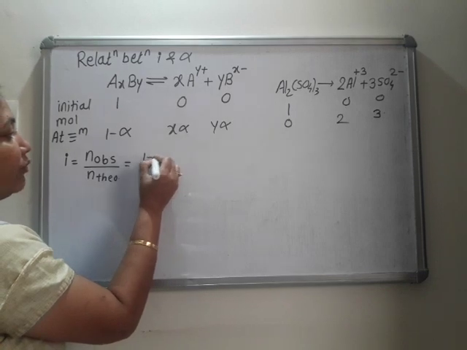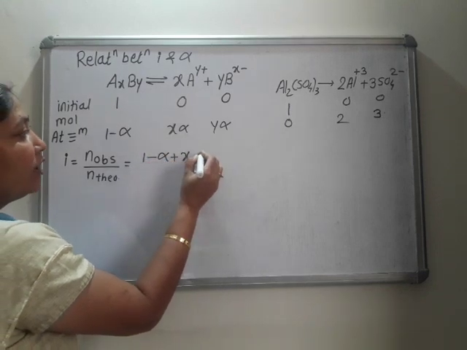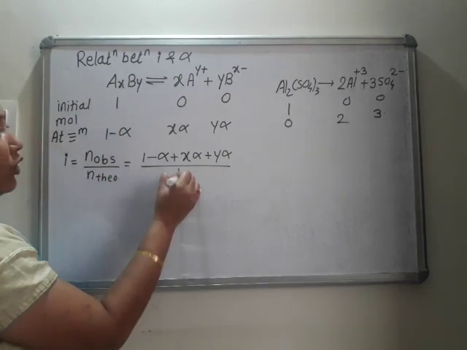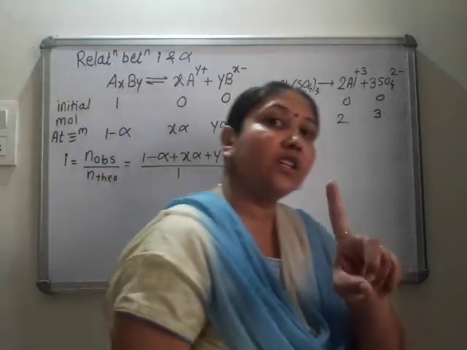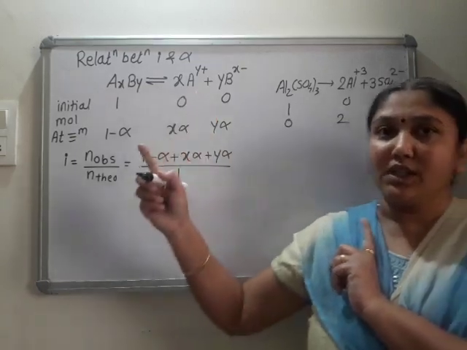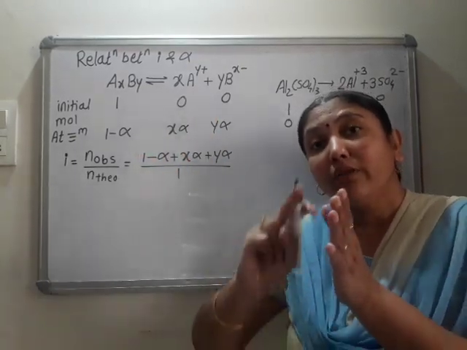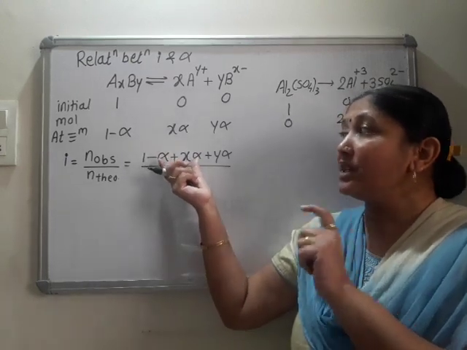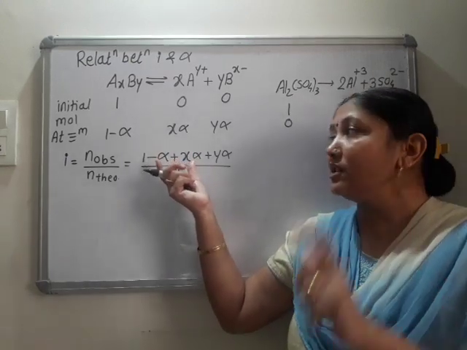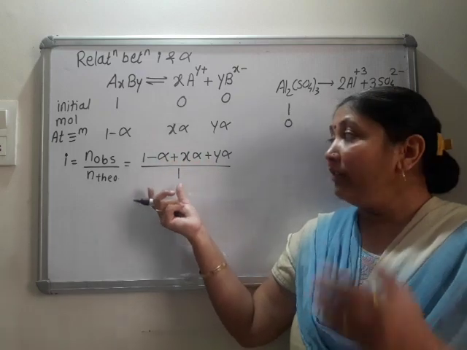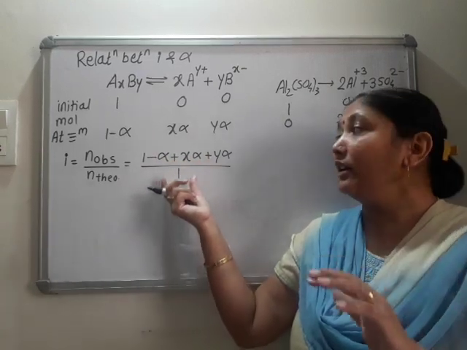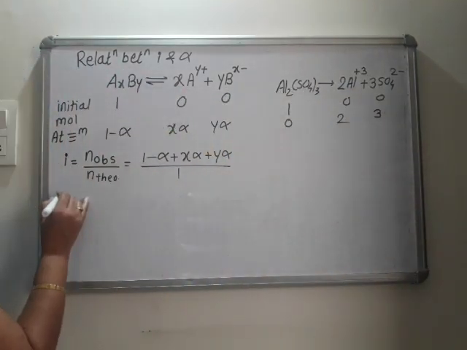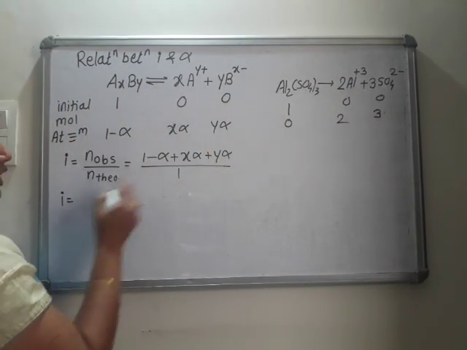So observed number of moles is 1 minus alpha plus X alpha plus Y alpha, upon theoretical moles. We are thinking that we have added just 1 mole of this substance, but some of it gets dissociated. So the total number of particles in the solution equals this, and the particles added equal 1. Okay. So we get the value of i.